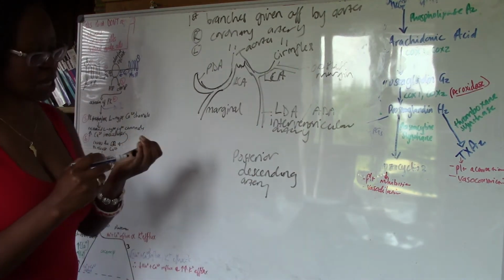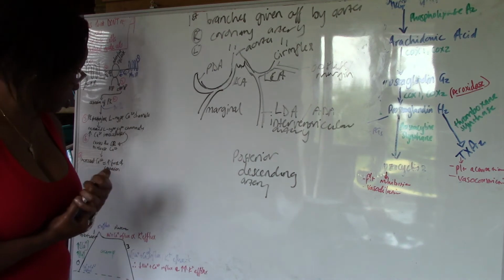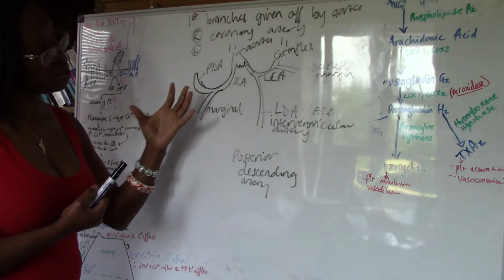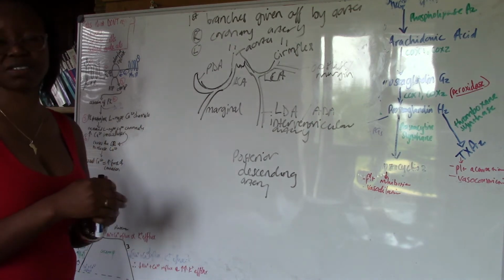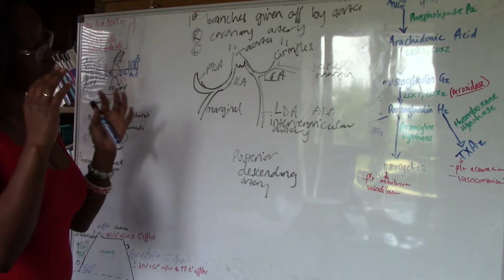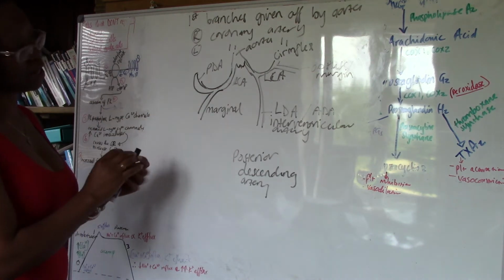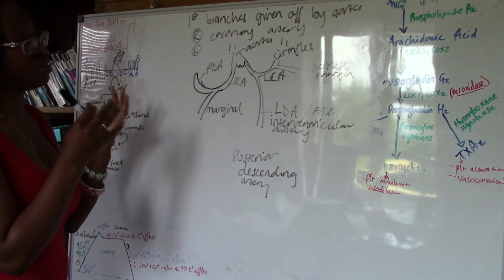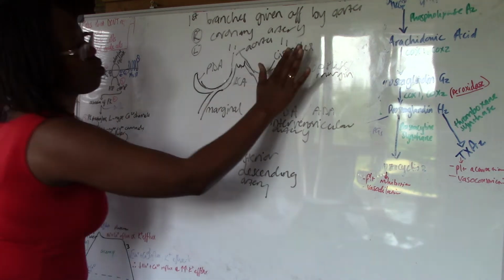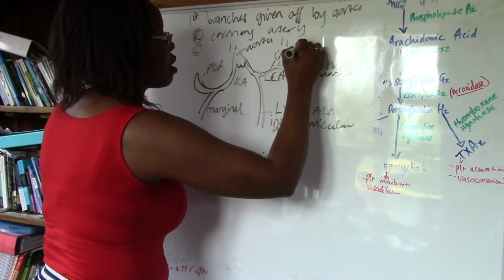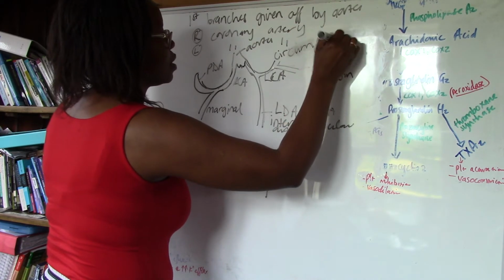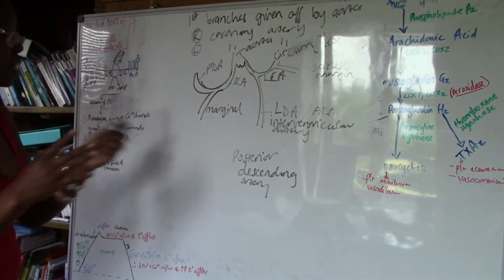The important take-home message about the coronary arteries really is where they actually supply blood. That's the main important point about them.